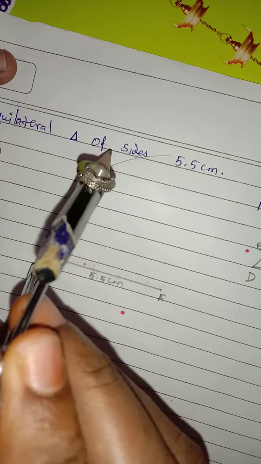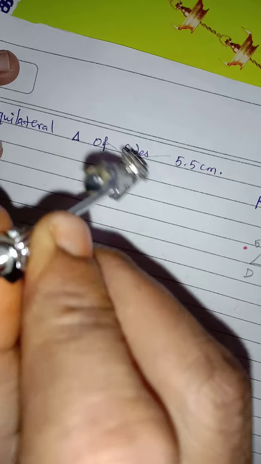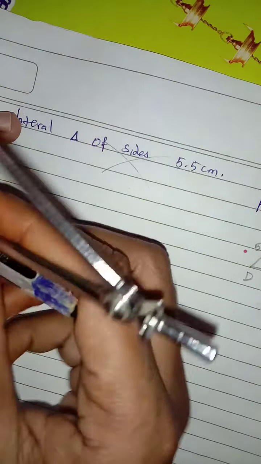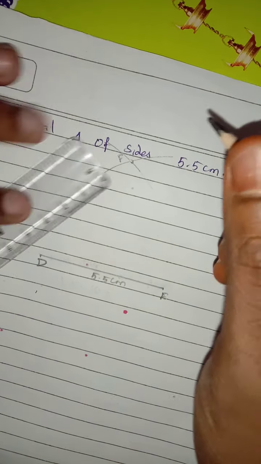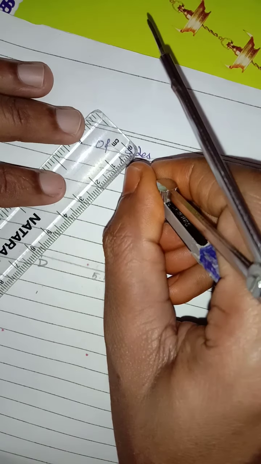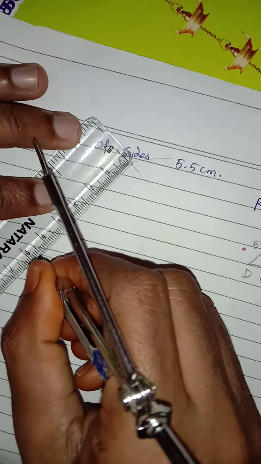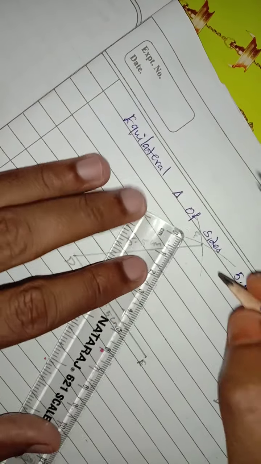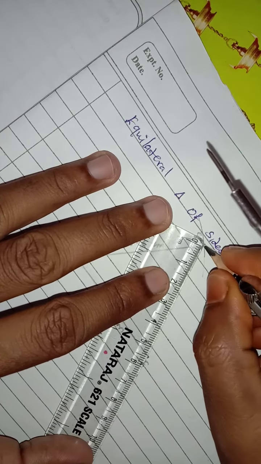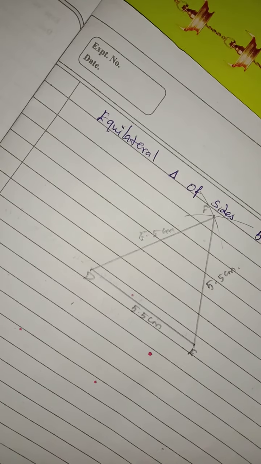Already we have taken, this is 5.5. So draw one more arc on D that should intersect the previous arc. This point is called F. Now join this, you will get the equilateral triangle. Join this, this is 5.5 centimeter, and join this also, 5.5 centimeter. So like this only you want to draw an equilateral triangle.